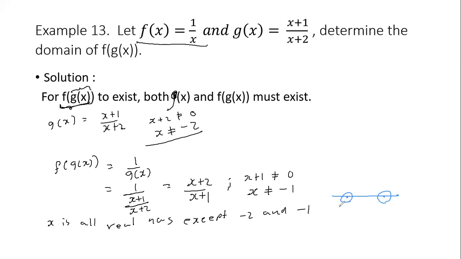X cannot be negative 2 or negative 1. Negative 2 is smaller than negative 1, therefore it should be left of negative 1. That means x can be any value in this direction, or this way.